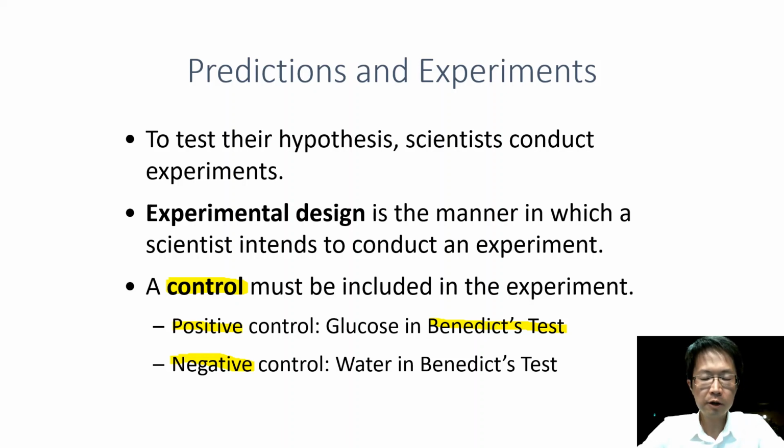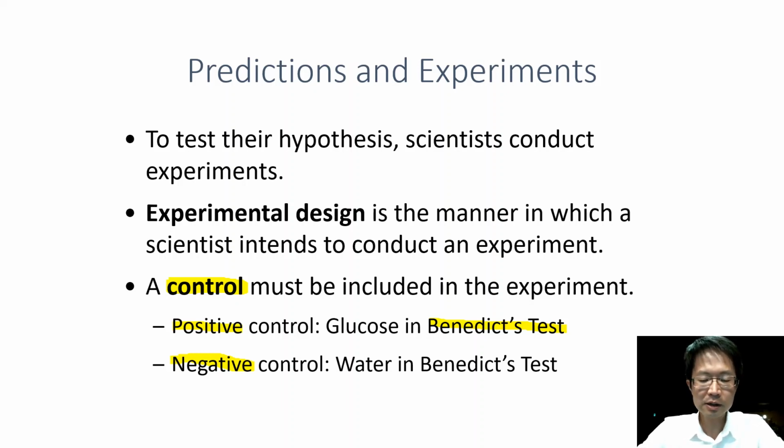The Benedict solution is originally blue. If you have glucose in it, it will turn to a different color. If you have a little bit of sugar, it will turn green. More sugar, it will turn yellow. Even more, orange. If you have a lot of glucose, it will turn red. So it depends on how much glucose you have.